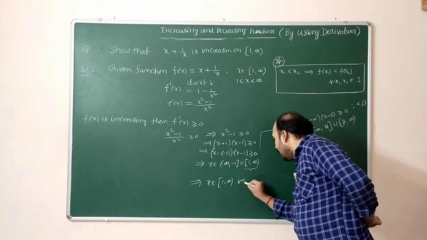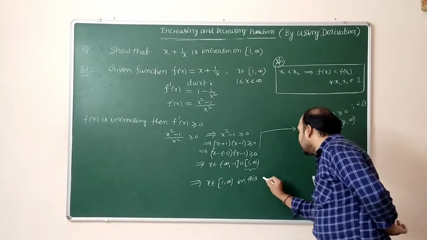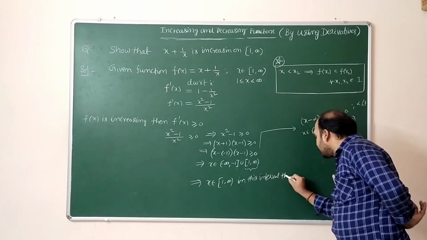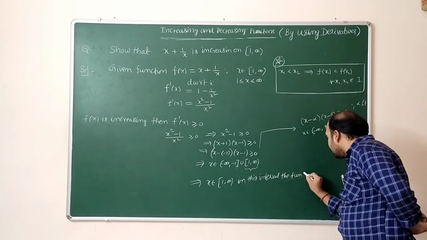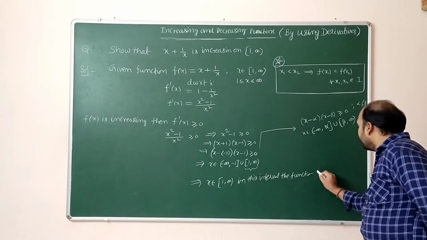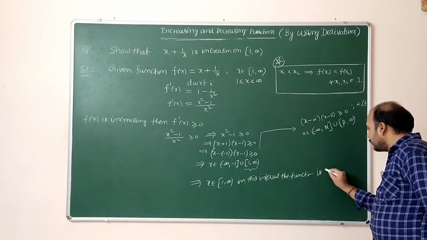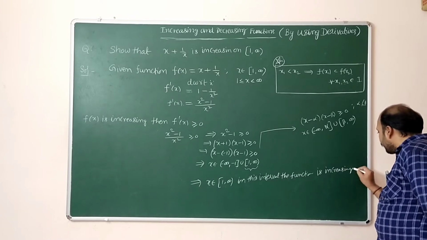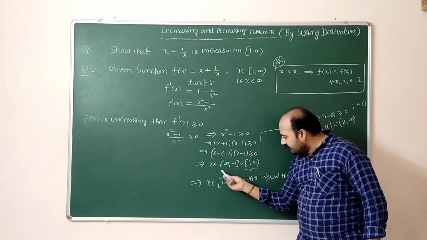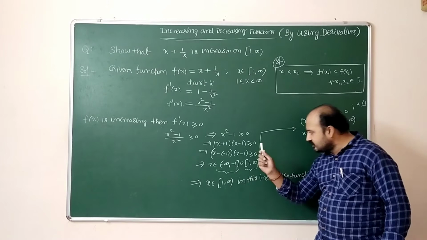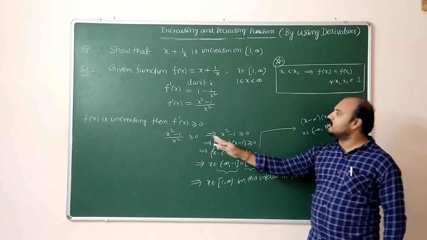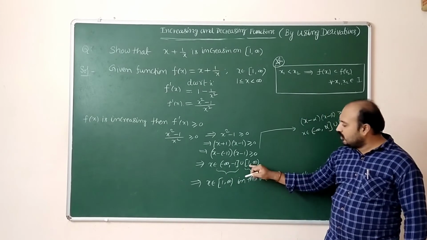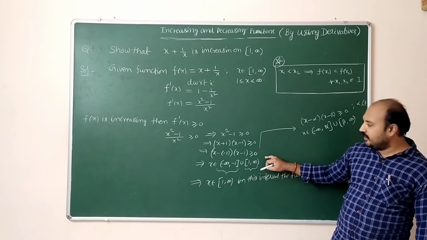In this interval, the function f of x is increasing. If you take any value in between, the function is not at all greater than or equal to 0. That is the reason we will take only closed 1 to infinity.